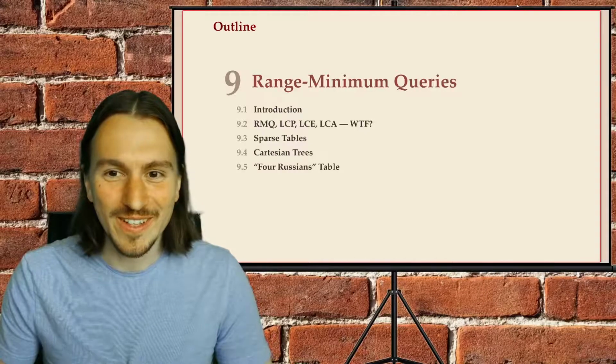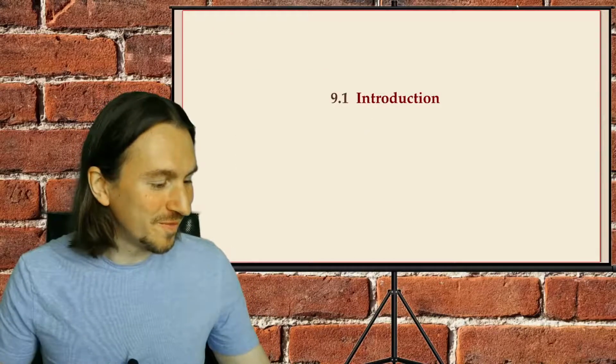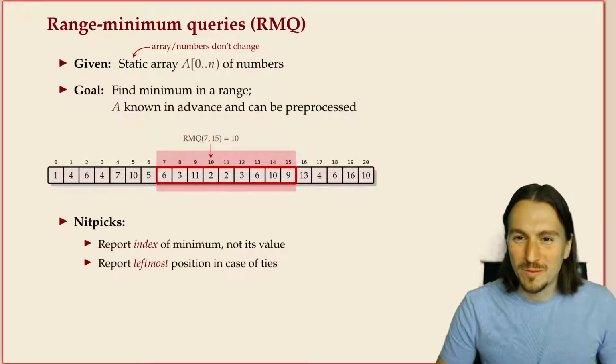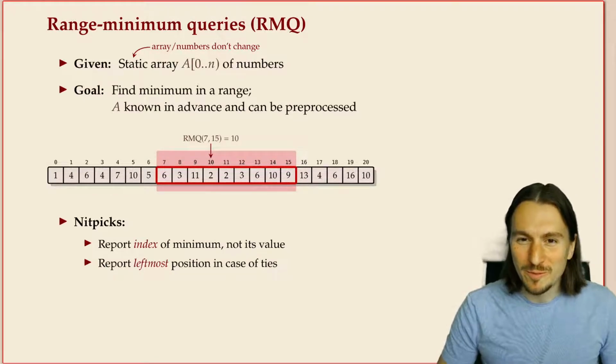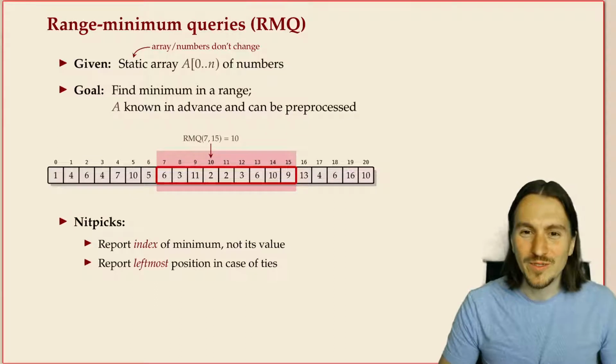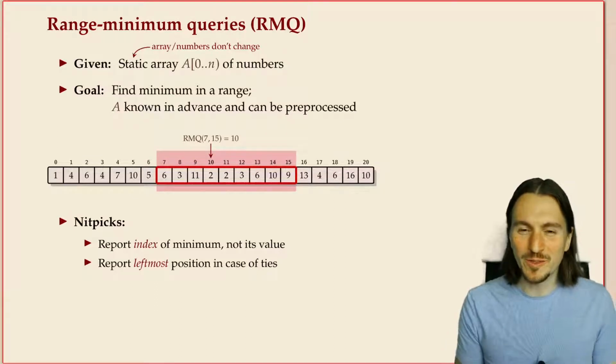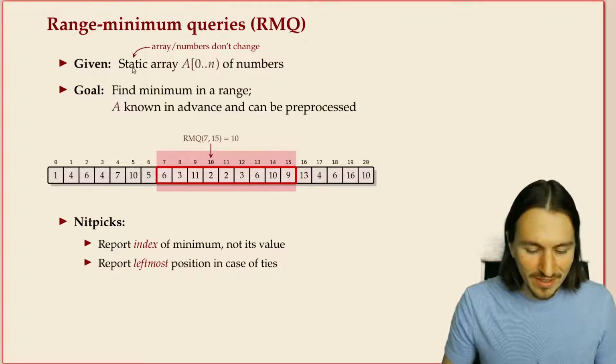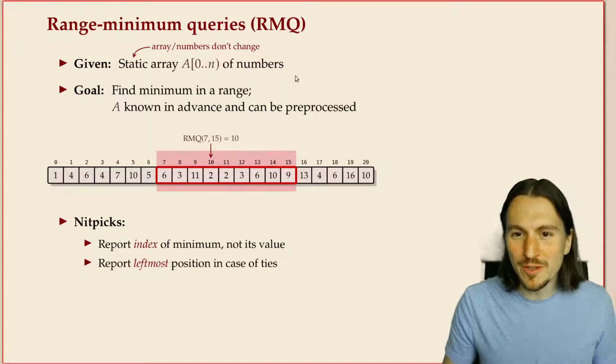All right, what is the range minimum problem? The range minimum problem, or RMQ problem, for range minimum queries, is the following simple problem on an array. You're given an array of numbers.